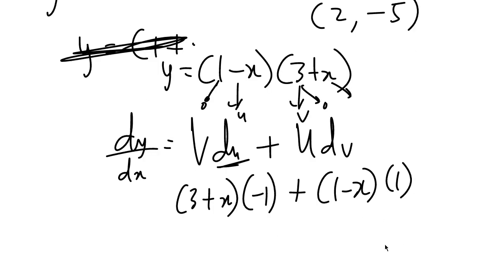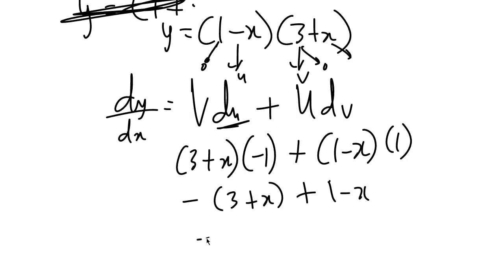Do you agree? So at the end of the day, you can write it as negative 3 plus x plus what? 1 minus x, which you can easily simplify, isn't it? Negative 3. Negative times positive is what? Is negative x, and then plus 1 negative x. And negative 3 plus 1, sorry, is what? Negative 2.